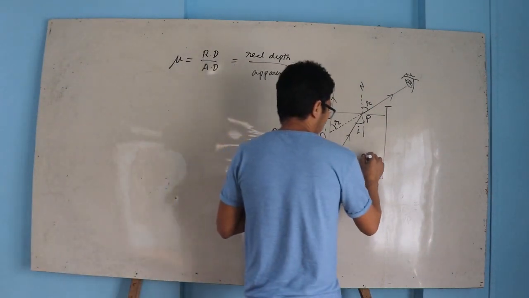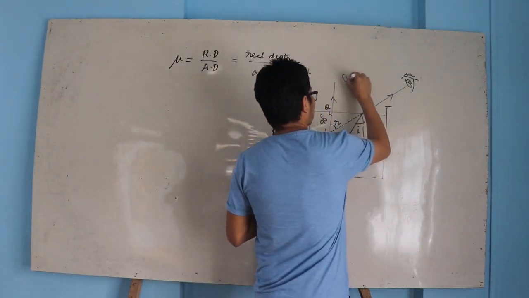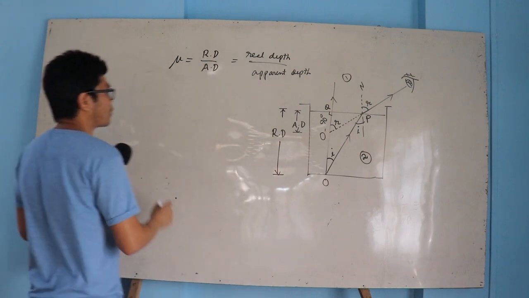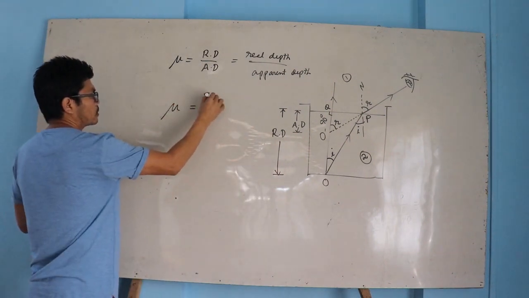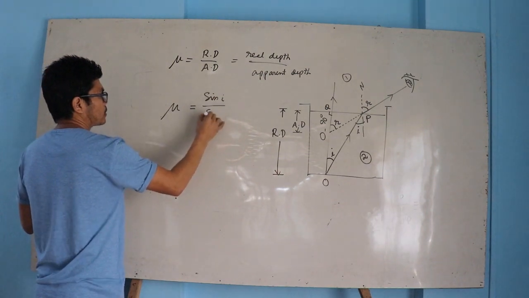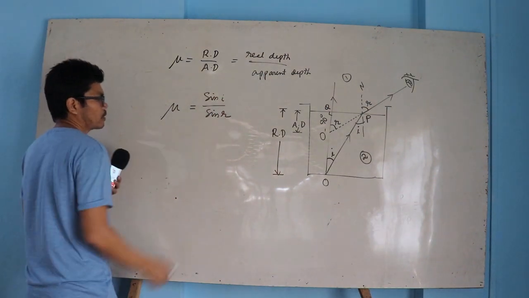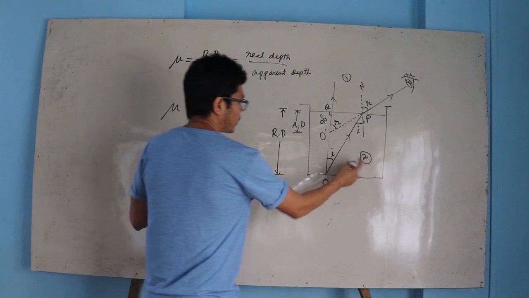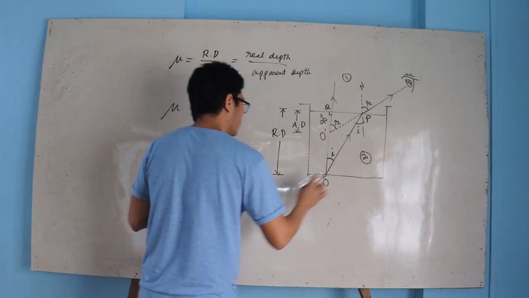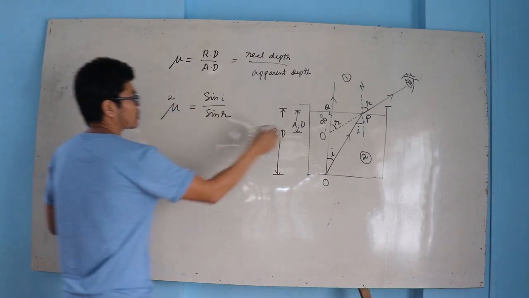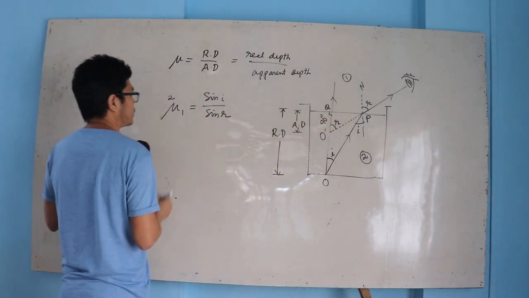Let this be called as the second medium, and this one is the first medium. If you apply Snell's law, refractive index is equal to sine I divided by sine R. Then the starting medium is 2 because the object lies in the denser medium. So you can write 2, it travels to the first medium, 1 here.